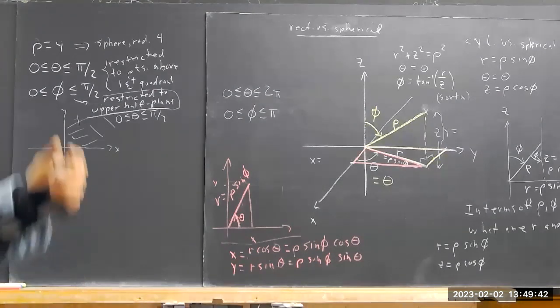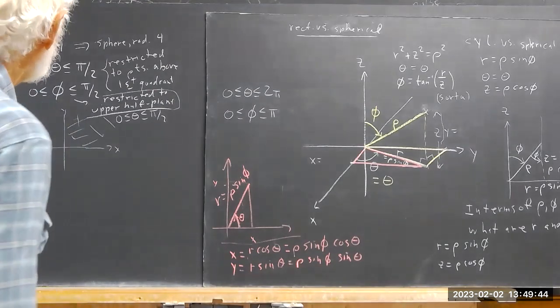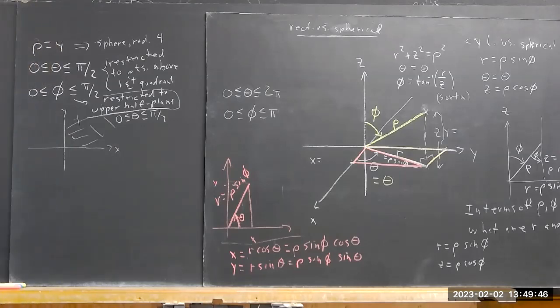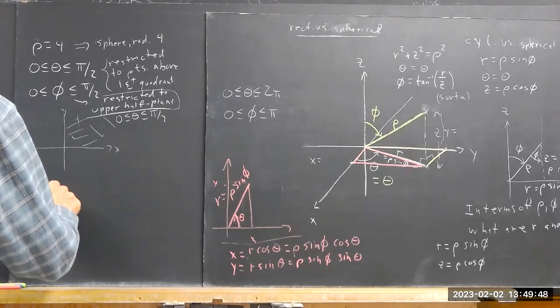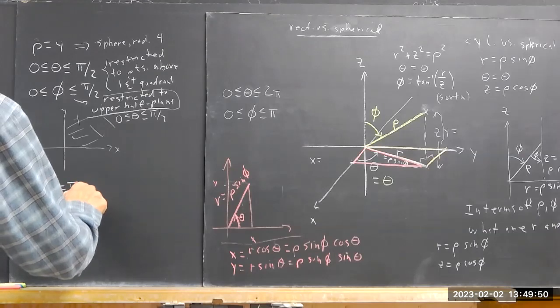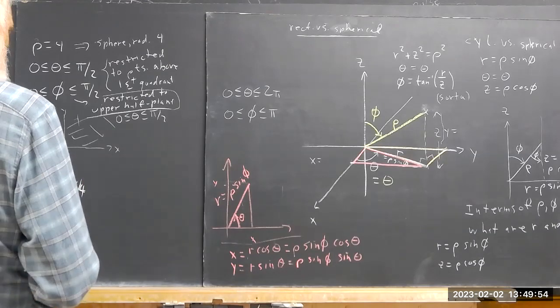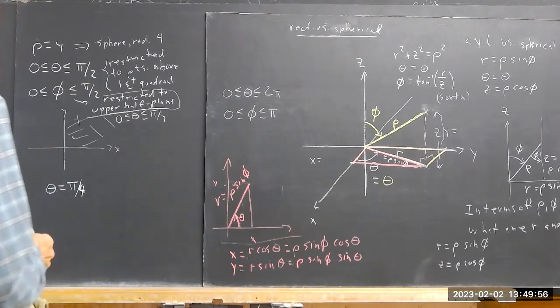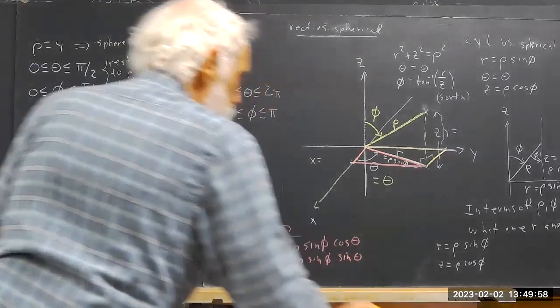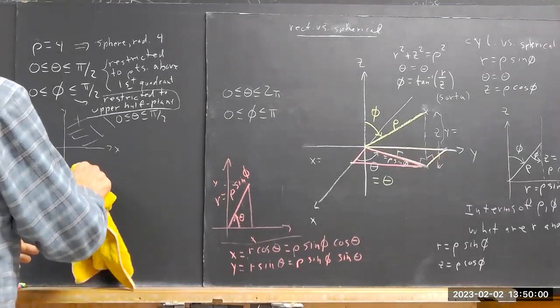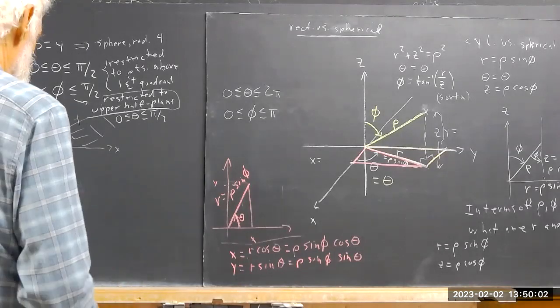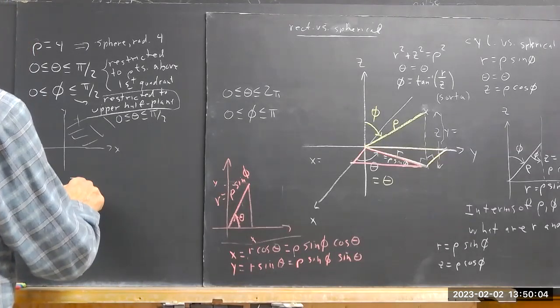Okay. How about theta equals pi over 4? That's your only restriction.